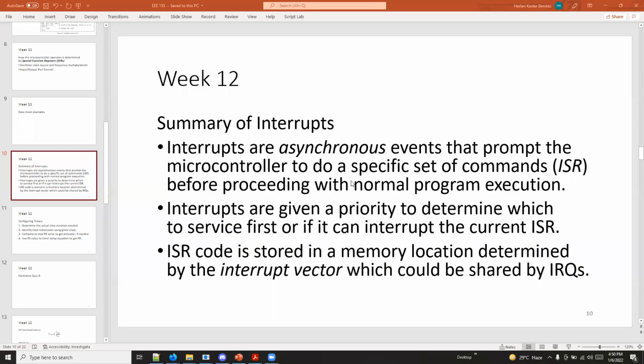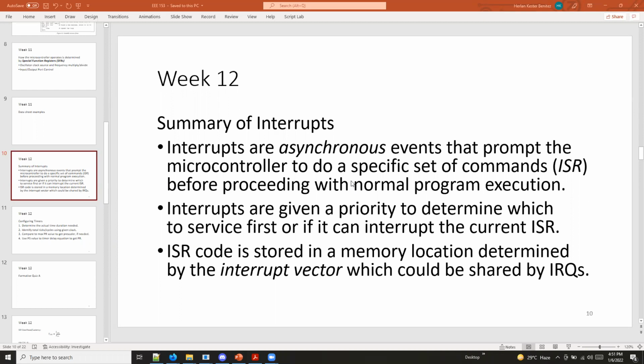Okay, so moving on to week 12, we have interrupts first. Interrupts are a way for us to get input or get updates from maybe our peripherals or inputs, and then address them as they come.